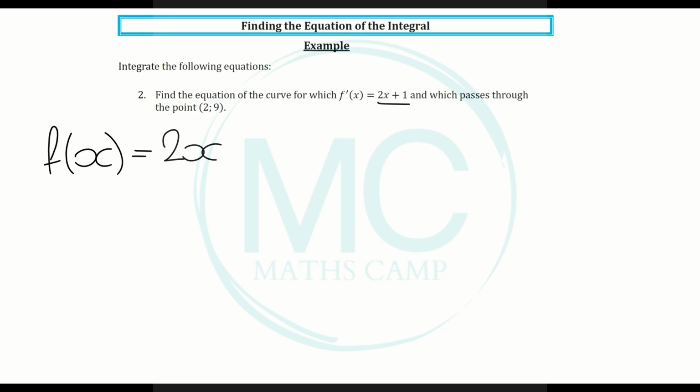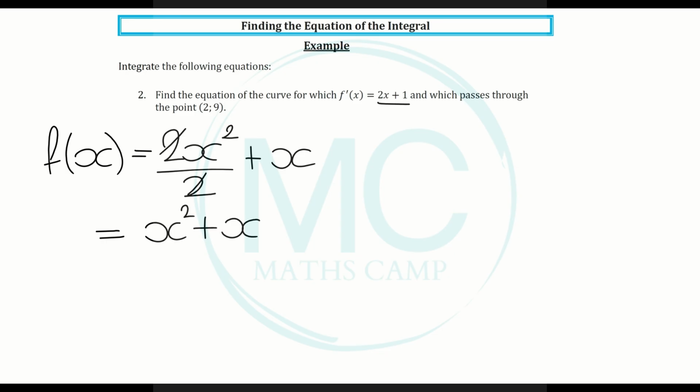So here we have an exponent of 1 plus 1 gives us an exponent of 2 over 2. Plus 1. Our constant becomes our x term, becomes 1x, which is simply x. Now we can tidy this up. 2 divided by 2, these will cancel, and we get x squared plus x plus the constant of c.